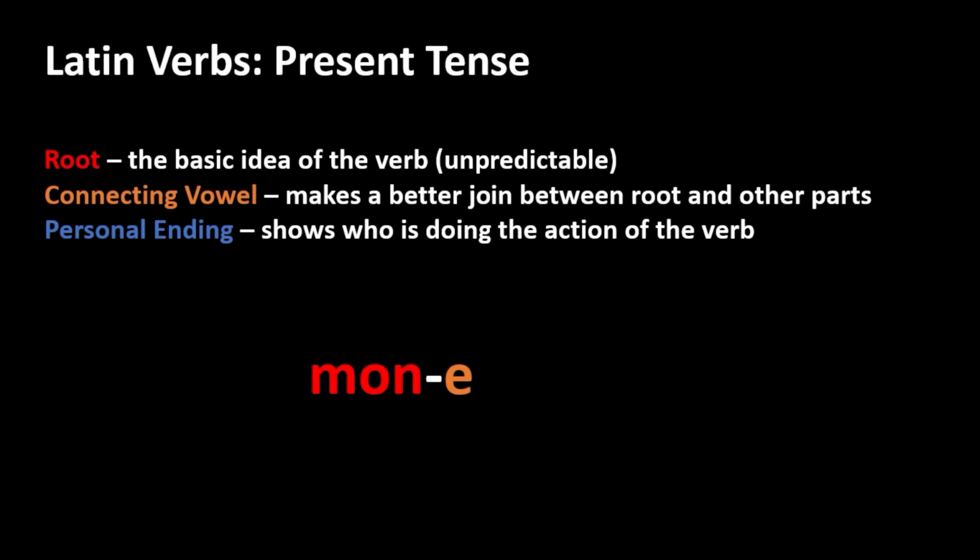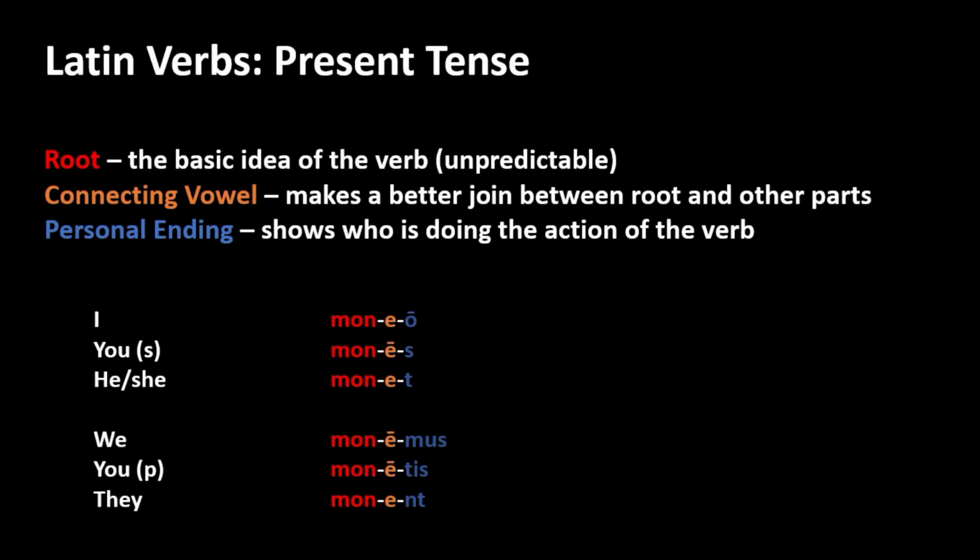To this, we add the particular connecting vowel for this class of verb. Here it is e. To this, we add the personal ending, which shows you that he or she is warning or advising. We take away the hyphens, we have monet. We standardize the colours, we have monet.